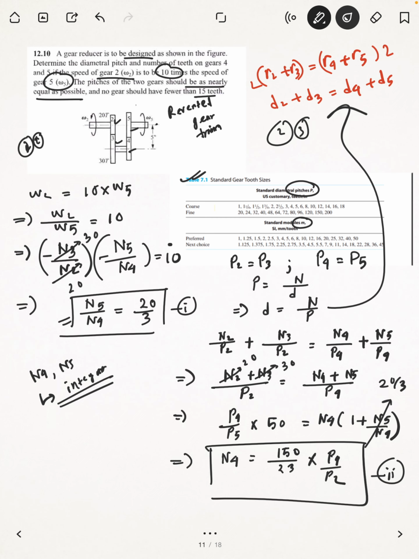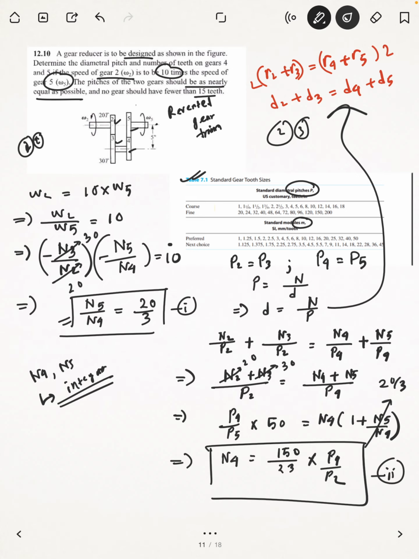They have used that one. But if you're asked to solve this kind of question and you are given this table with the question, then you have to choose values from this table and iterate. And this is a design problem, so there is no fixed solution. You have to show maybe 3, 4, or 5 iterations, and that would be enough. And you have to choose from this table if this table is given.